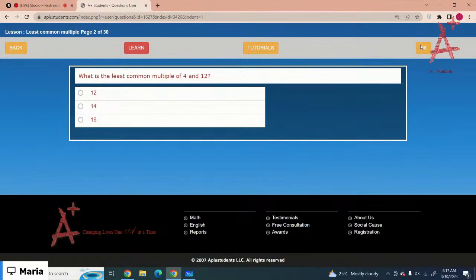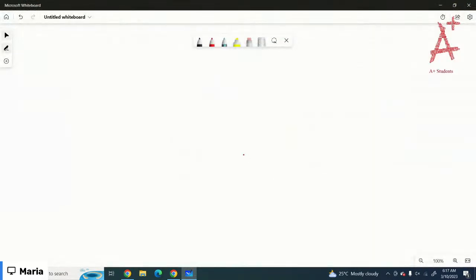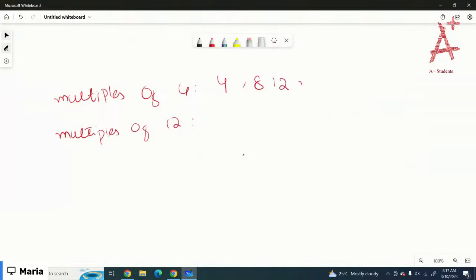Okay, what is the least common multiple of 4 and 12? Now we have to write down the multiples of 4 and multiples of 12. 4 times 1 is 4, 4 times 2 is 8, 4 times 3 is 12, 4 times 5 is 20, 4 times 6 is 24. 12 times 1 is 12, 12 times 2 is 24, 12 times 3 is 36, 12 times 4 is 48.